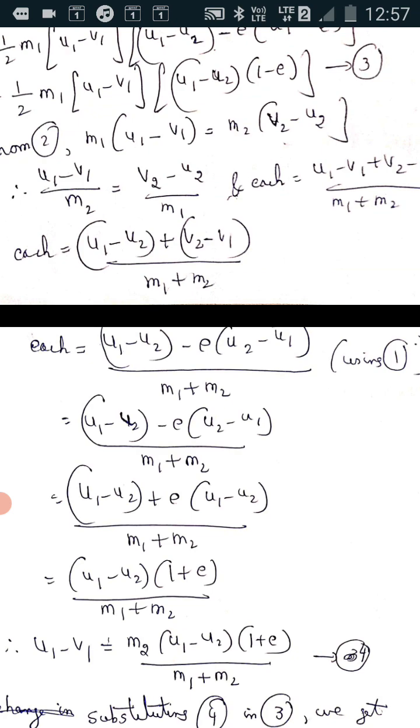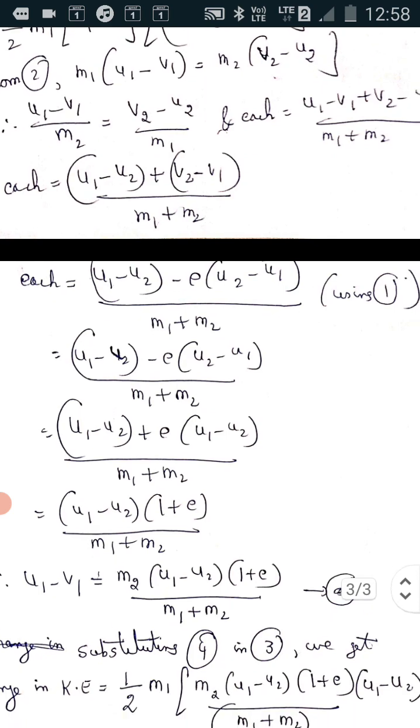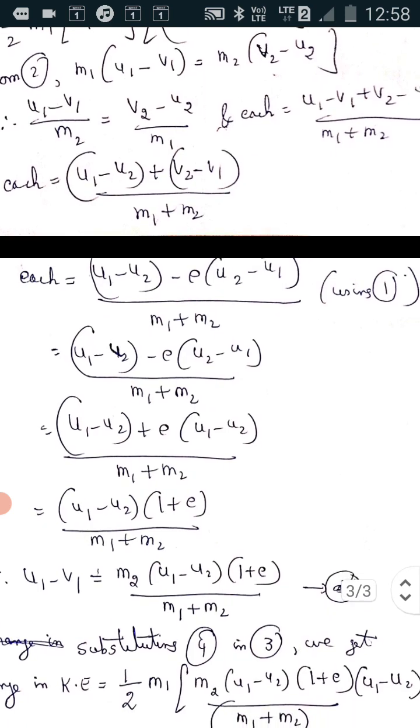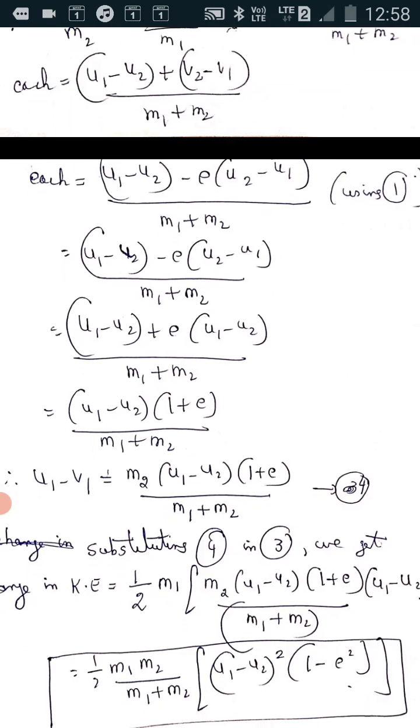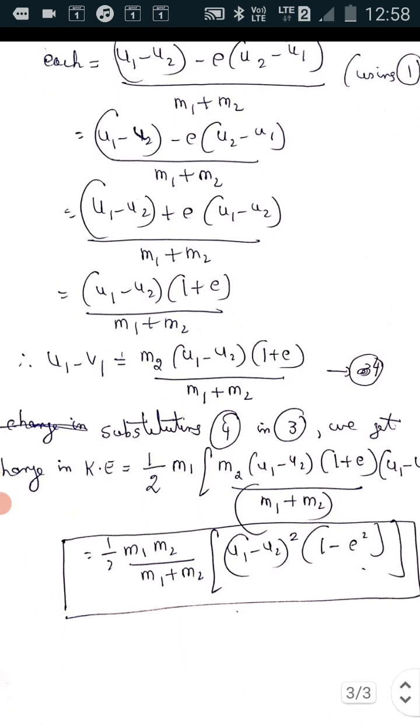Instead of v2 minus v1, we can write minus e into u2 minus u1. Changing minus e into plus e inside the bracket, you will get u1 minus u2. By factorization, the numerator is u1 minus u2 into 1 plus e divided by m1 plus m2. Therefore u1 minus v1 can be written as m2 into u1 minus u2 into 1 plus e by m1 plus m2.